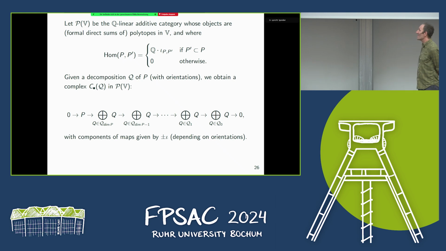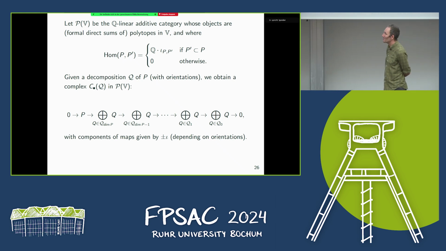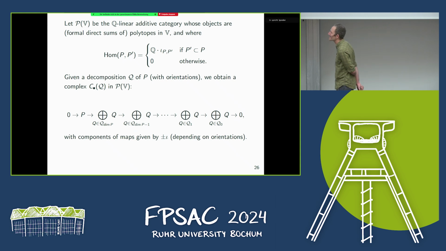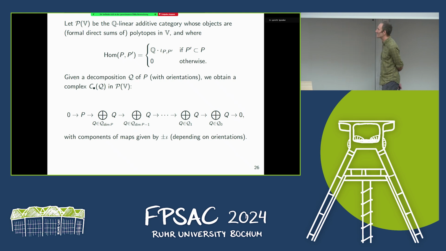So given a decomposition of a polytope P with choices of orientations, I can build a complex exactly as before. So P maps to all the top dimensional faces, maps to all the top -1 dimensional faces, to top -2 dimensional faces, and all of those maps are given by plus or minus the generator of the Hom set, depending on the orientations.